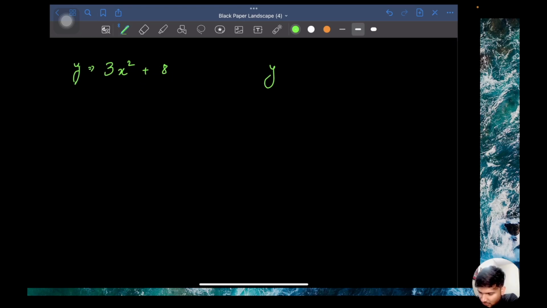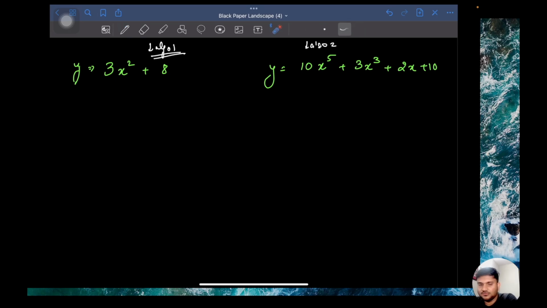And let's say there is another algorithm which has 10x to the power 5 plus 3x to the power 3 plus 2x plus 10. This is algorithm 1, and this is algorithm 2. Okay, which algorithm is better?